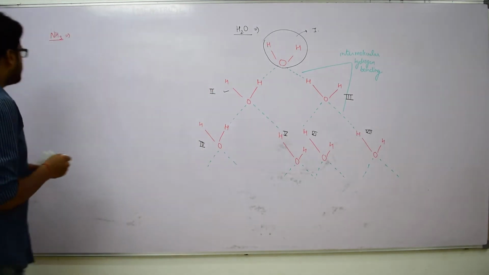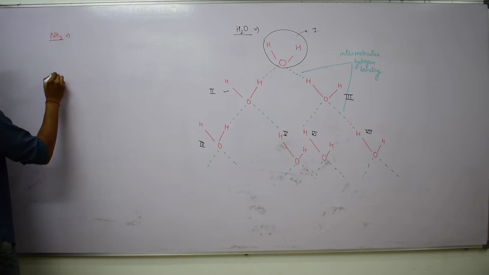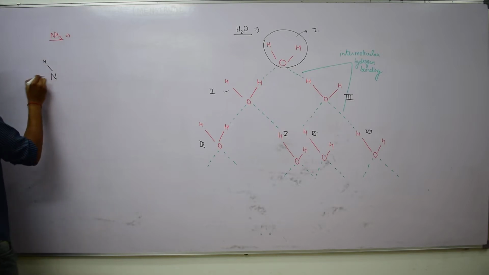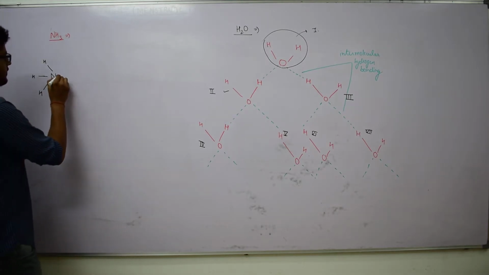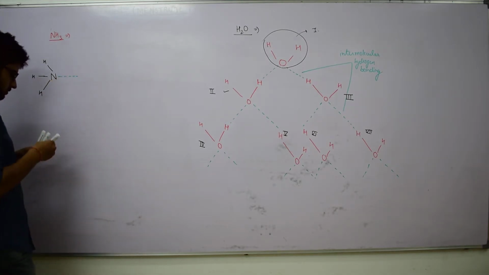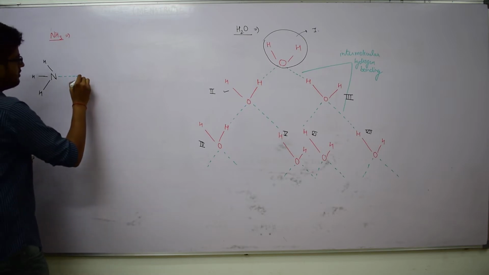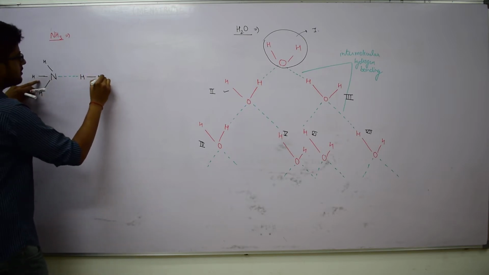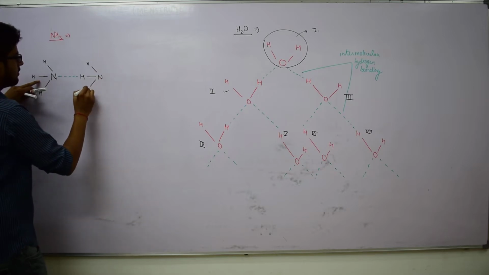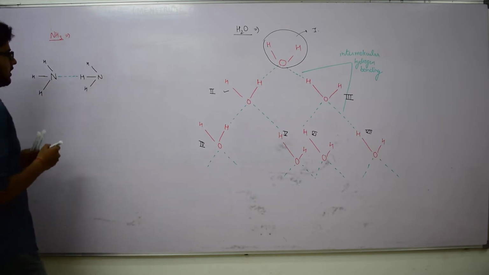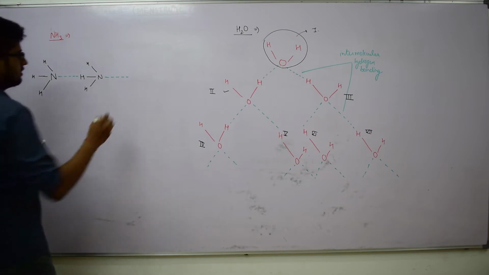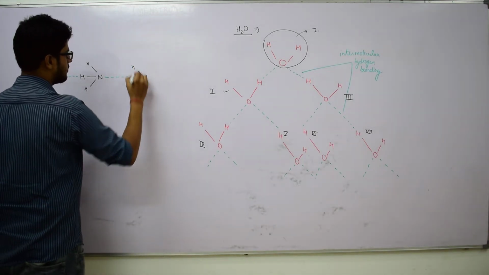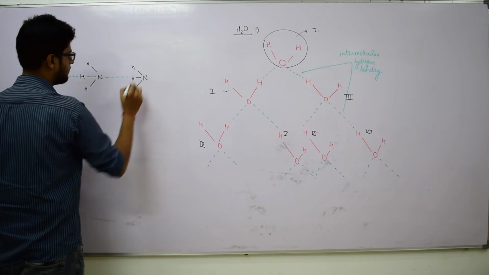So in case of ammonia, we have a nitrogen atom, and the nitrogen atom is linked to three hydrogen atoms, and this nitrogen, being more electronegative, will be further linked to hydrogen, and this will be further linked to nitrogen, hydrogen, hydrogen, again linked to nitrogen, hydrogen, hydrogen, hydrogen.